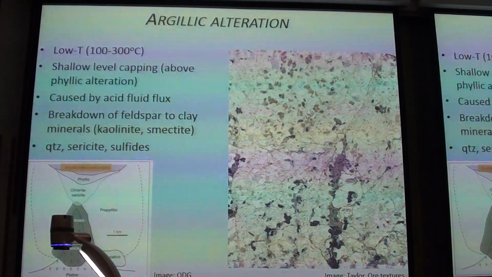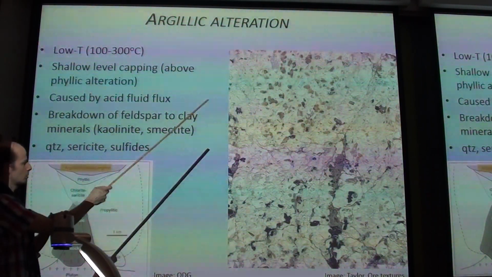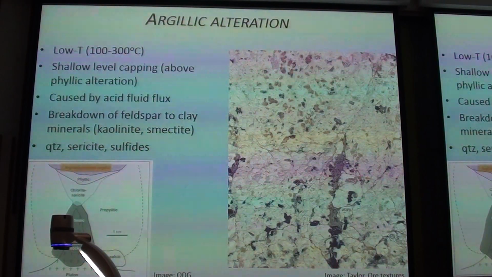And finally, the argillic alteration, which is basically the low temperature surface alteration. It's caused again by acid fluxing, which breaks down feldspar to clays like kaolinite and smectite. As you can see, all the white in this rock is basically feldspar that is altered, and it's now mica, clay.